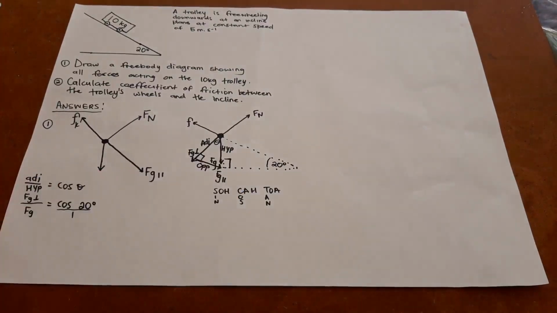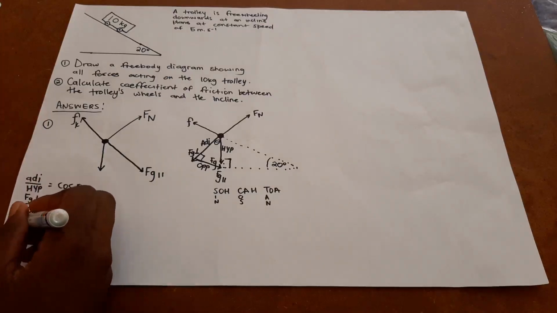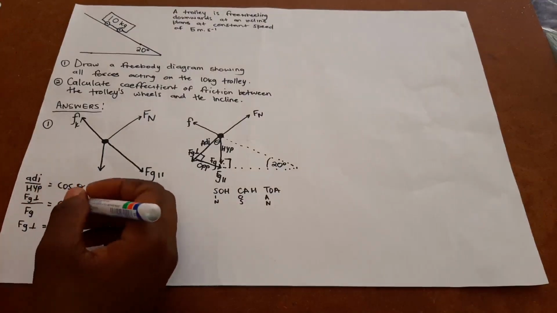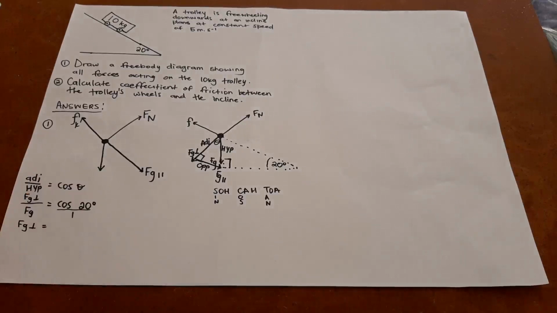Now let's cross multiply. FG perpendicular multiplied by 1 becomes FG perpendicular, equal to FG multiplied by cos 20 degrees. So our FG perpendicular is equal to FG cos 20 degrees.